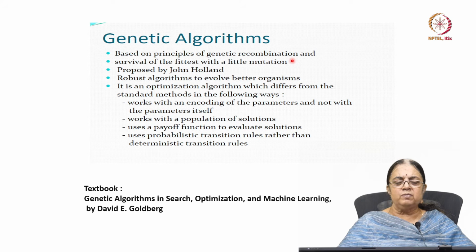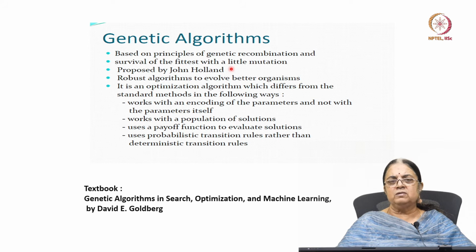That is what we mean by survival of the fittest. This genetic algorithm was actually proposed by John Holland somewhere around the 1960s, and it is a robust algorithm.